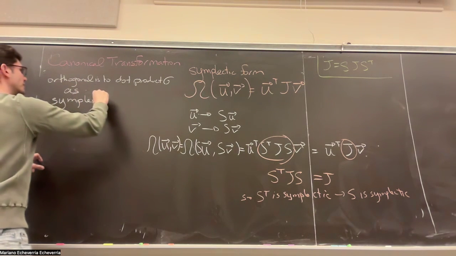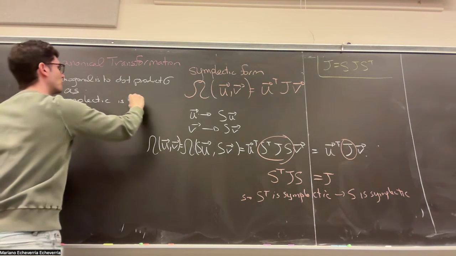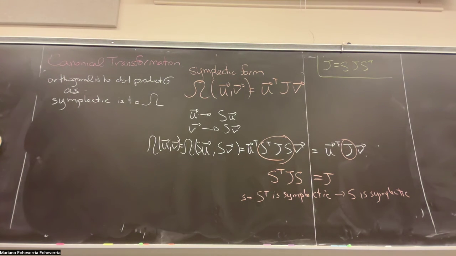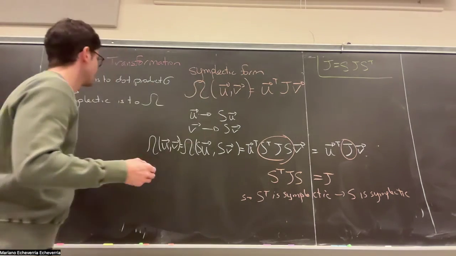So the symplectic matrices play the role of the things that preserve the omega bilinear form in the same way in which orthogonal matrices preserve the dot product. Okay. Now it's better to have maybe a more concrete idea of what this actually gives you.